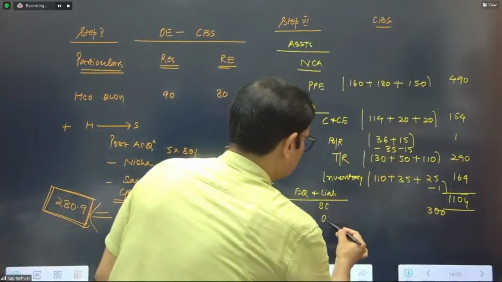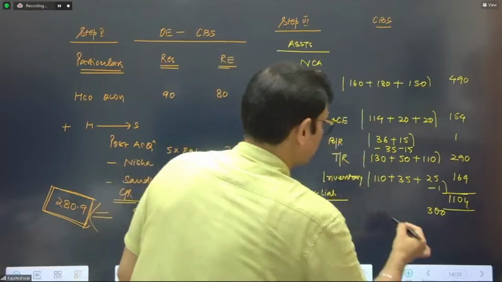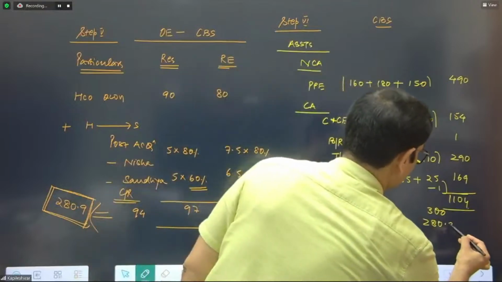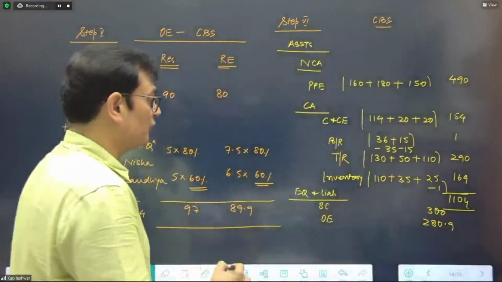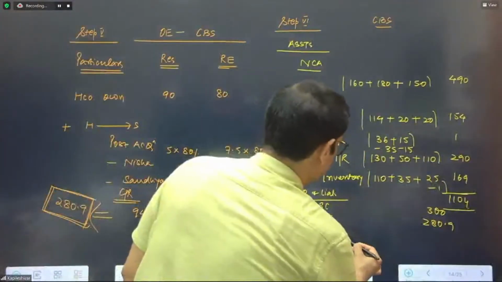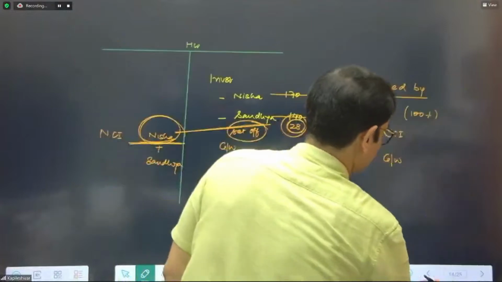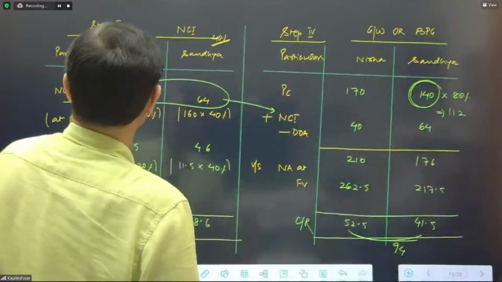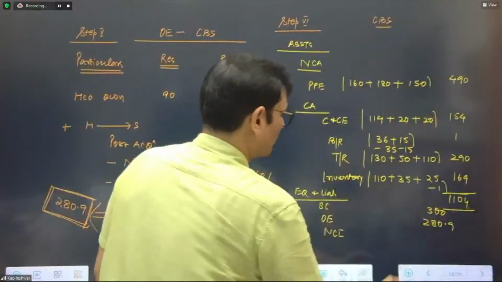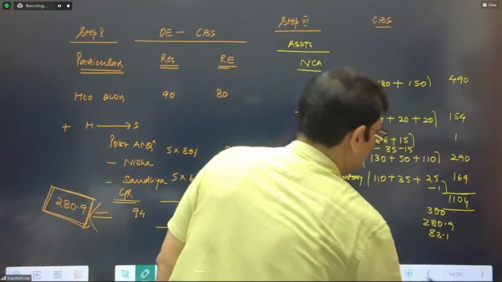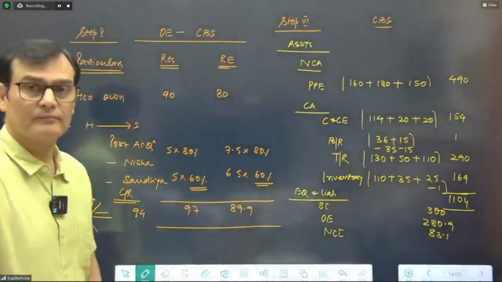Then we can consider the other equity, what you've already computed at 280.9 in step number 5. And lest we forget, we could take the NCI as well. And I guess NCI was 83.1. The NCI was 83.1 computed in step 3.